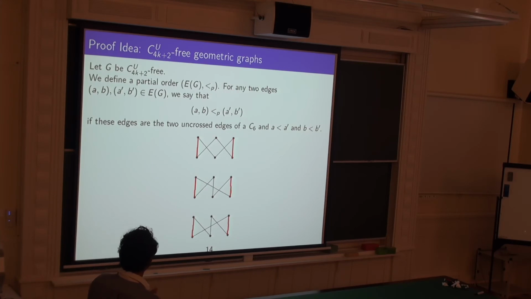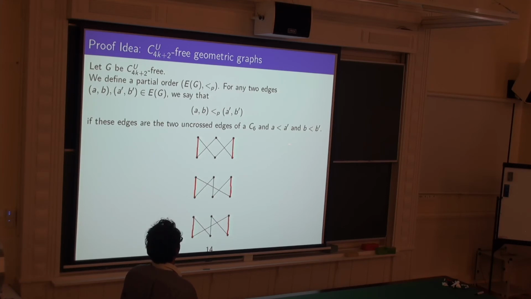Now it is easy to see that in such a poset we cannot have a chain of length k plus 1, because if we have a chain of length k plus 1, imagine that these red ones are next to each other, there are k plus 1 of them, then no matter how these red ones are connected, as long as they are one of these 3 types, you can find a 4k plus 2 cycle in the graph.